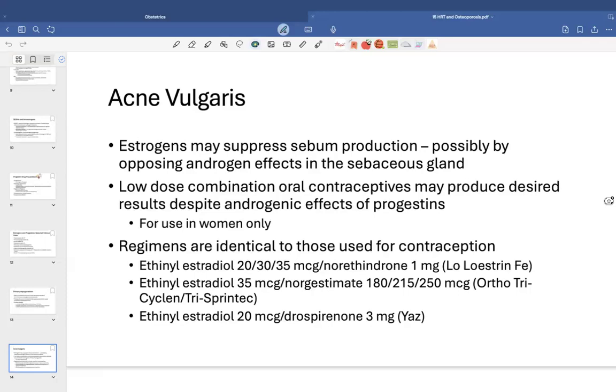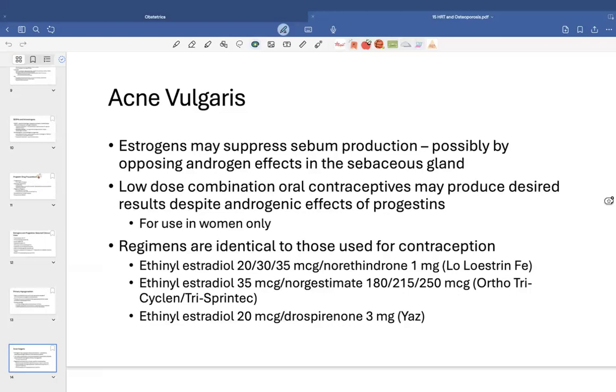There are 3 products specifically approved for treatment of acne, including Estrostep Fe, which is a combination of norethindrone and ethinyl estradiol and ferrous fumarate; Ortho Tri-Cyclen, or the generic version TriSprintec, which has ethinyl estradiol and norgestimate in the tricyclic regimen; and then Yaz, which is a low-dose estrogen with drospirenone.